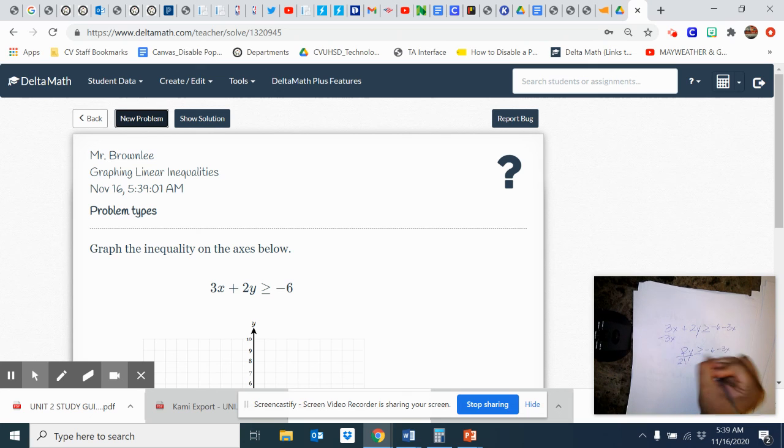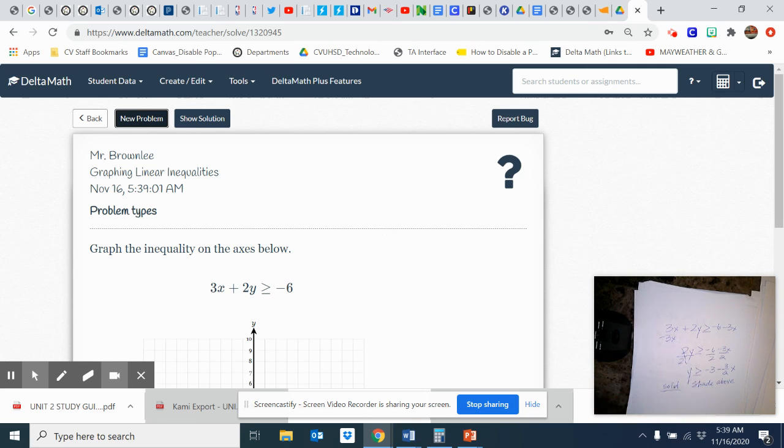Divide by 2, and divide by 2. So y greater than or equal to -3 minus 3 over 2x. Okay, so it's going to be solid, shade above because it's greater than, it's open towards it. So shade above, and it's solid.